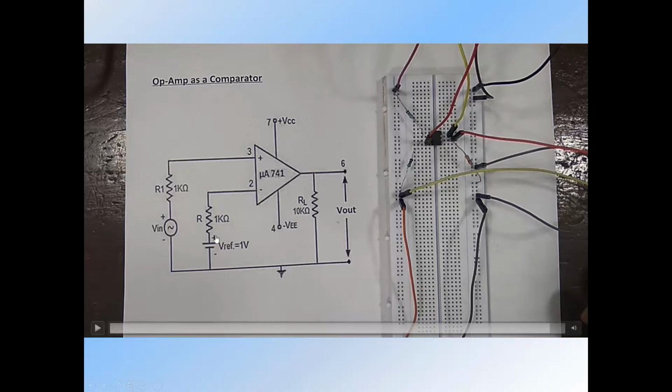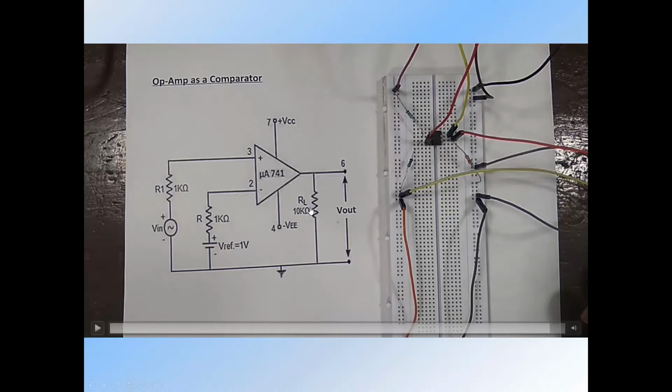Next, V reference to pin number 2. This is V reference from a DC power supply. This is a 1 kilo ohm resistor R, and ground of this DC power supply is connected to the breadboard with this black jumper wire.